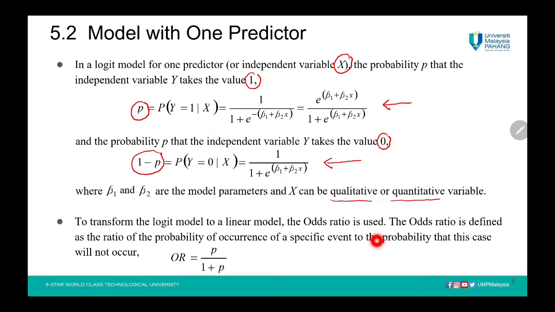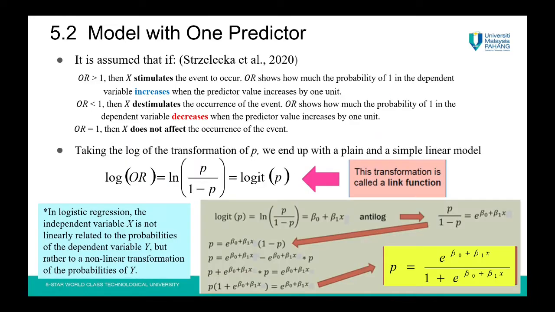Odds ratio is abbreviated as OR, and the formula for the odds ratio is given by this equation. The odds ratio is defined as the ratio of the probability of occurrence of a specific event to the probability that this case will not occur.